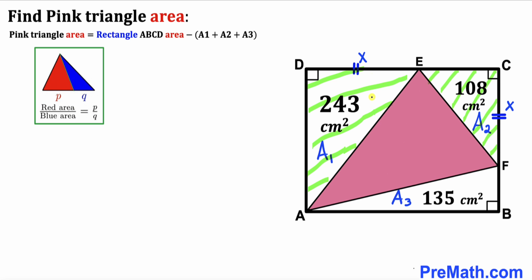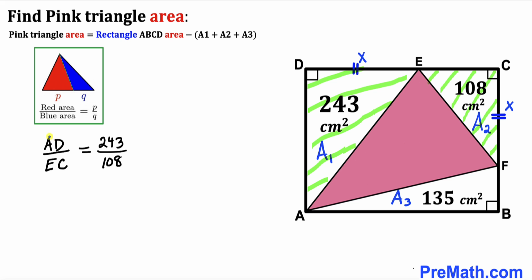And now we are going to focus on these two triangles ADE and this other triangle ECF. Since these side lengths are equal, we're going to have a ratio of their areas equal to the ratio of these side lengths.